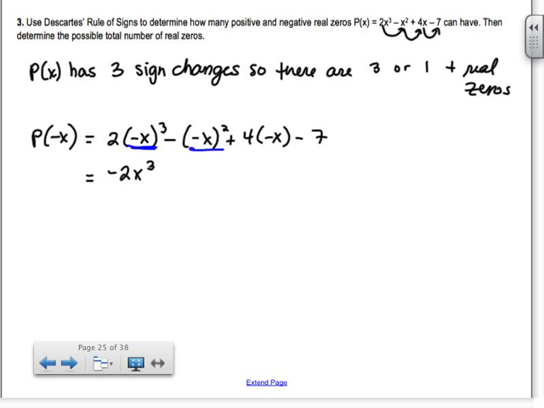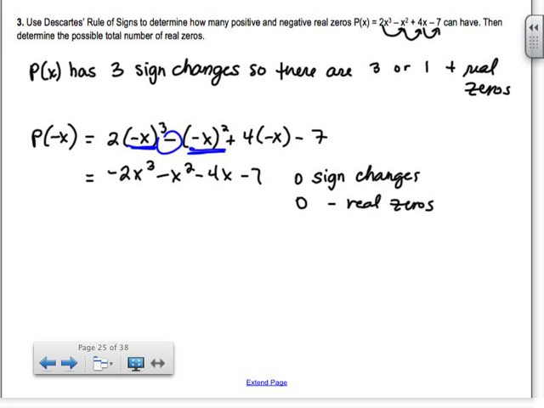If you have a negative number and you're squaring it, you get a positive number, but then you have a negative out front. So it's negative x squared. The next one, 4 times negative x is negative 4x, and the last is negative 7. So you get 0 sign changes. So that means there's 0 negative real zeros.